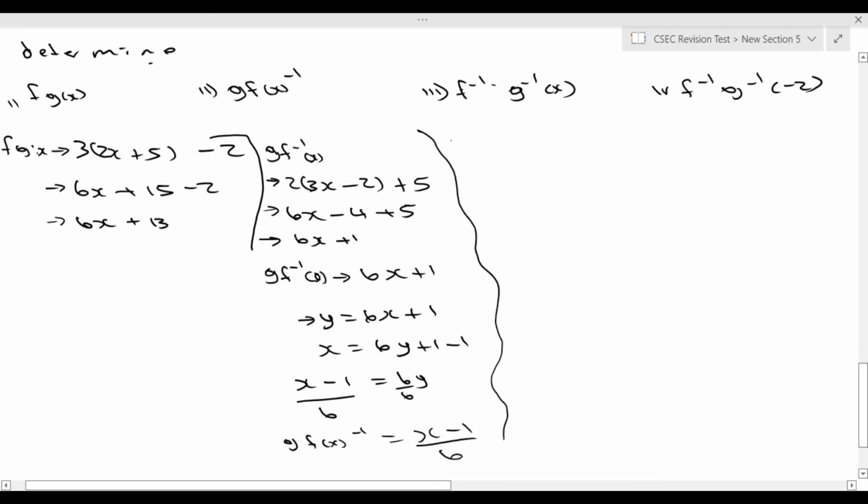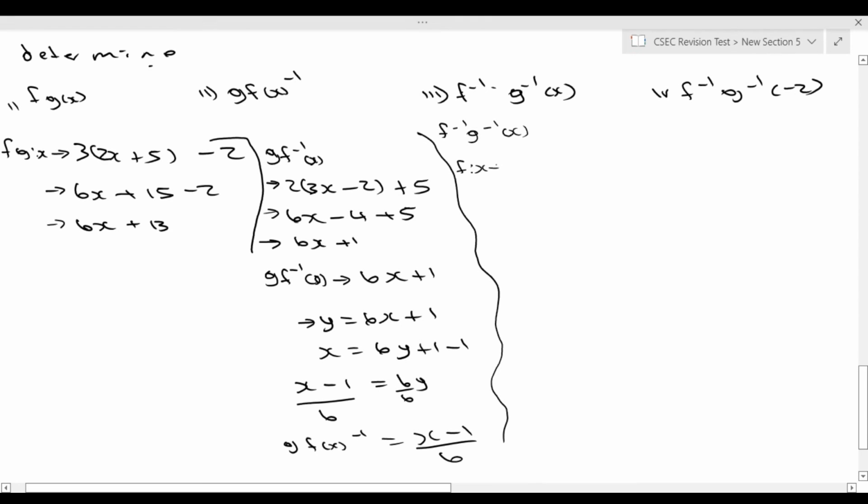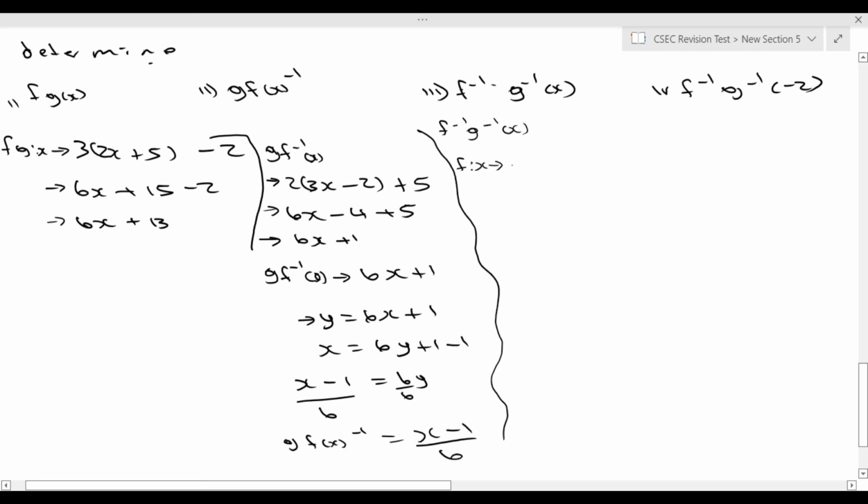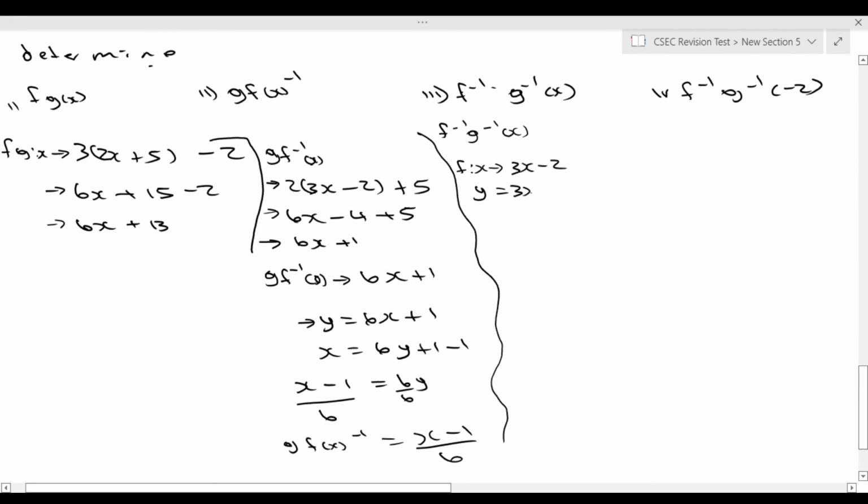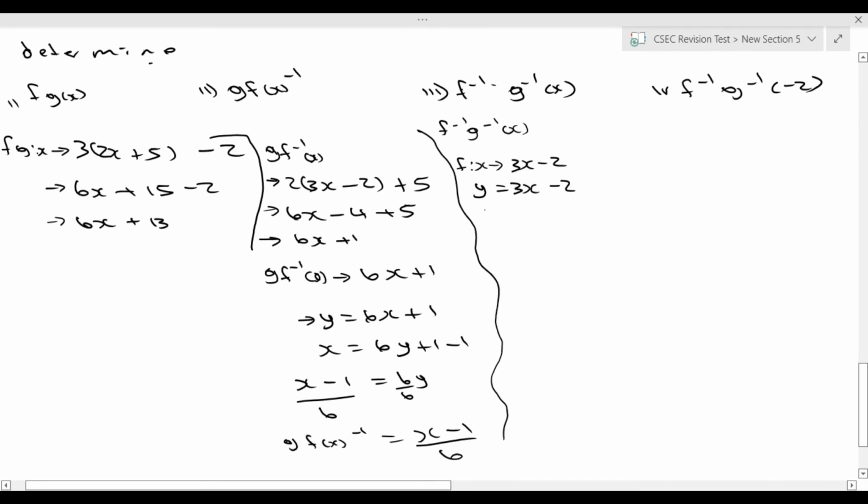All right, we are now finding our f inverse. We start off with our f function, which is 3x minus 2. We're going to find the inverse of that, then we're going to substitute it. Defining it, y is equal to 3x minus 2.